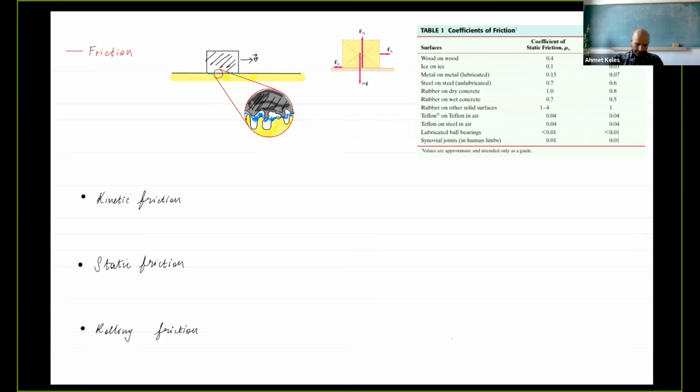And the important thing to note is that it's generally proportional to the normal force. So if you draw the free body diagram, there is some force that moves the object. There is the gravity pulling down, and there is the normal force acting on the object from the ground.